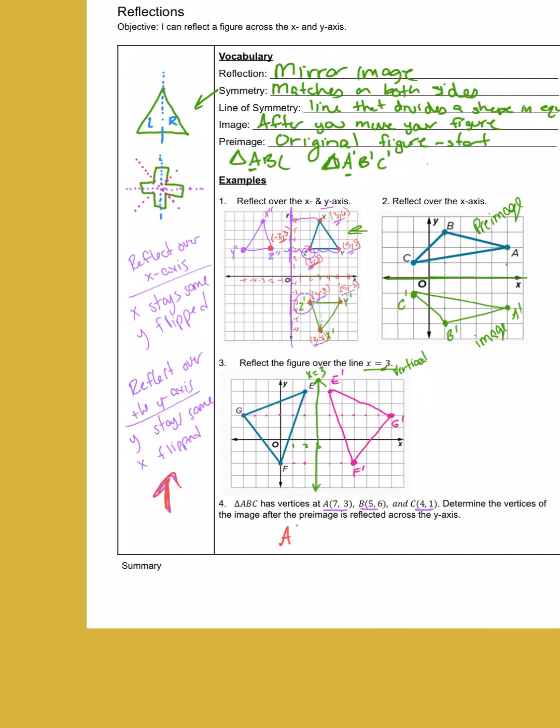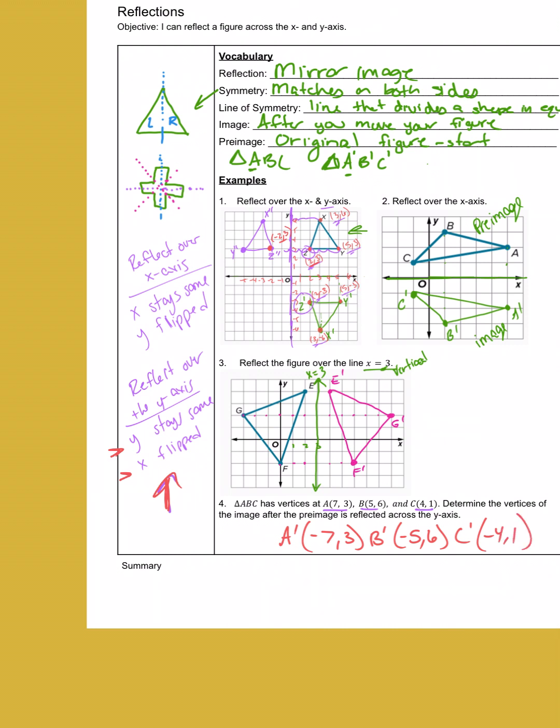So for A prime, x flips, so x goes from 7 to -7, y stays the same. B prime, again, y stays the same, x flips, so x becomes -5, y stays the same. And for C prime, x flips, y stays the same.